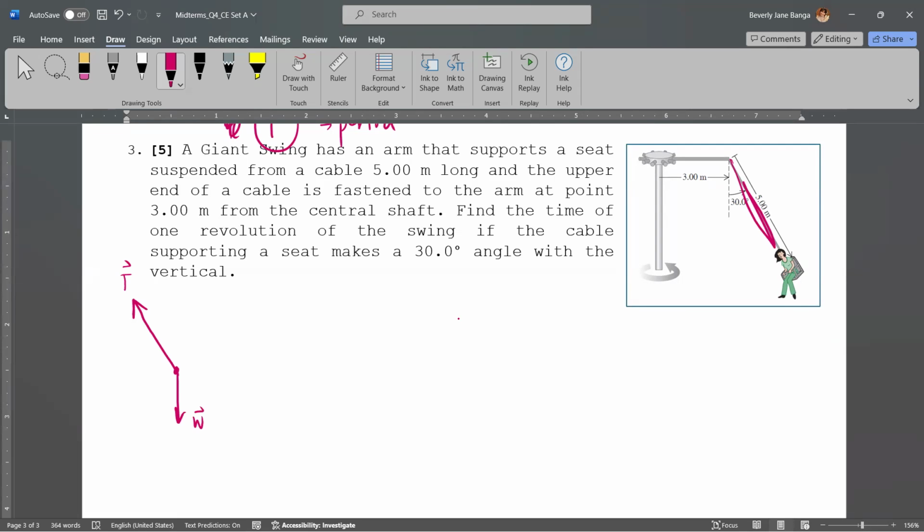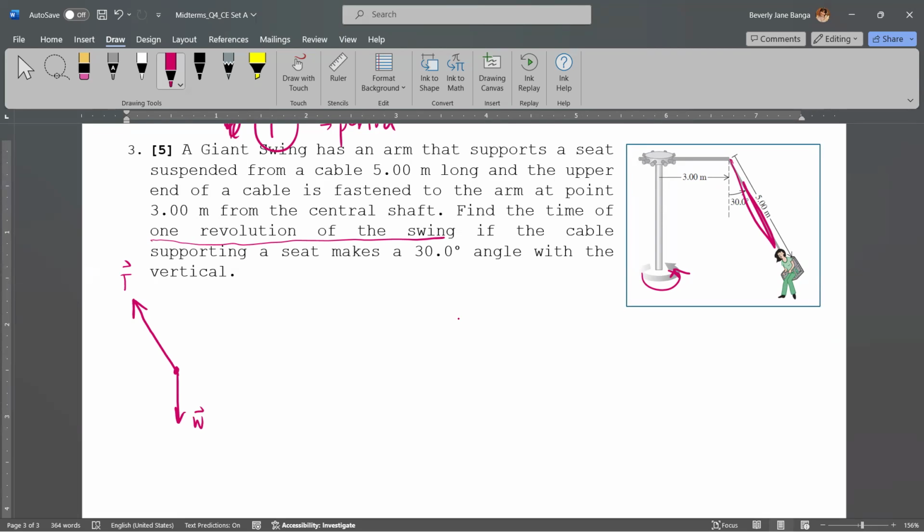Now, take note, iikot ito. Paikot siya, no? Meron siyang sign dito na nagro-rotate. So, ibig sabihin, magpo-form ng circular motion yung particle. Dapat na-gets nyo din na umiikot siya kasi sabi niya, one revolution of the swing.